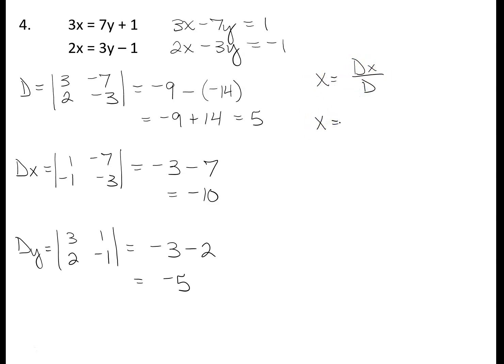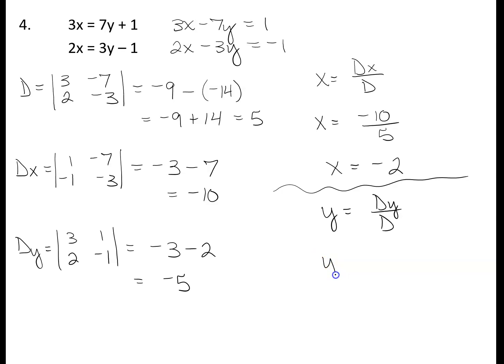So that's negative 10 divided by 5. So x is negative 2. And now let's find y. dy divided by d. So that's negative 5 divided by 5. So y is negative 1.